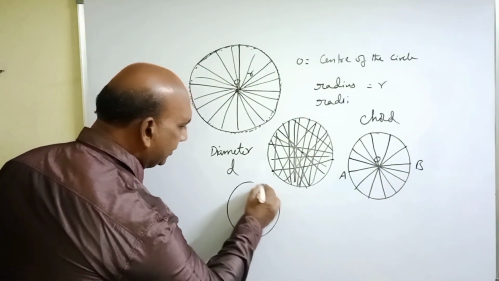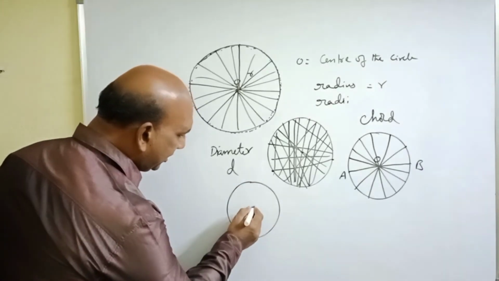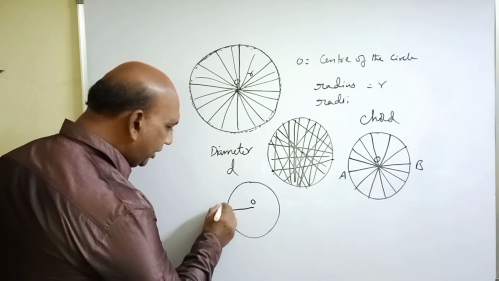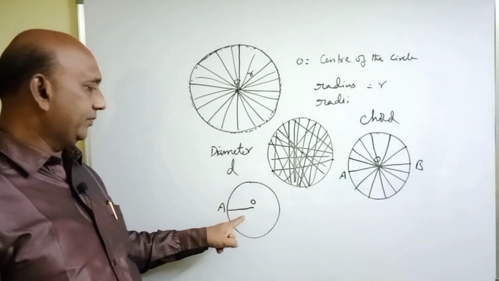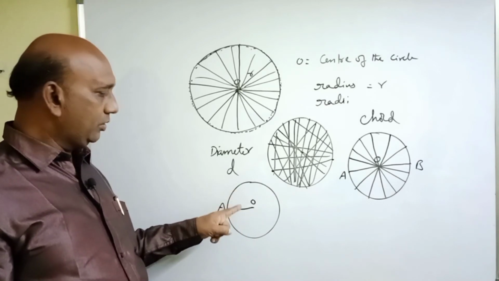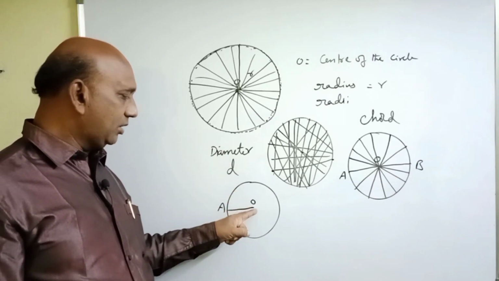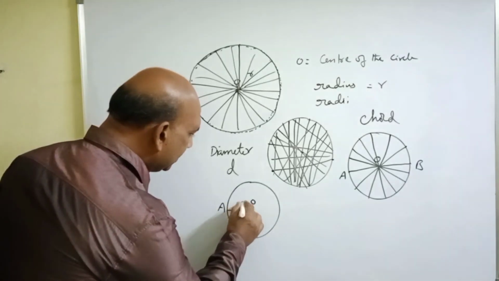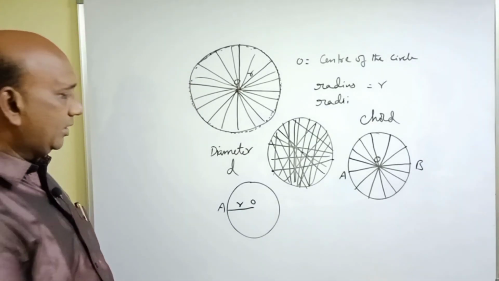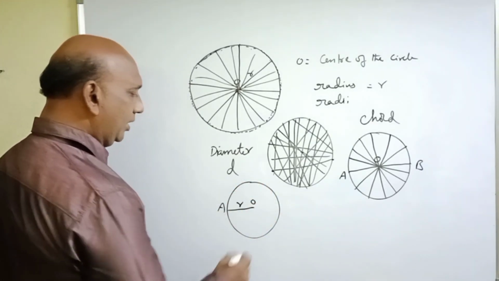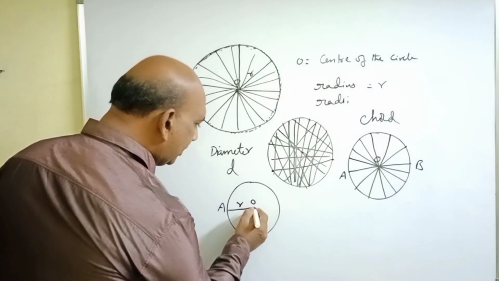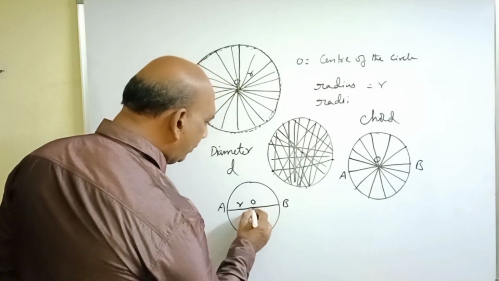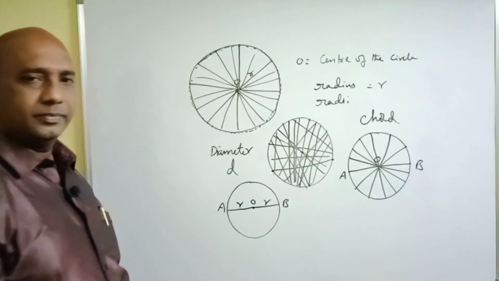Suppose if you take this circle, this is the center of the circle O, and from O to a point A, I have drawn this line segment. Already I told you that the line segment joining the center of the circle to any point on the circle is called a radius. So this is a radius. And then from this point O, if we draw in the opposite direction another line segment to the point B, from O to point B is also a radius.